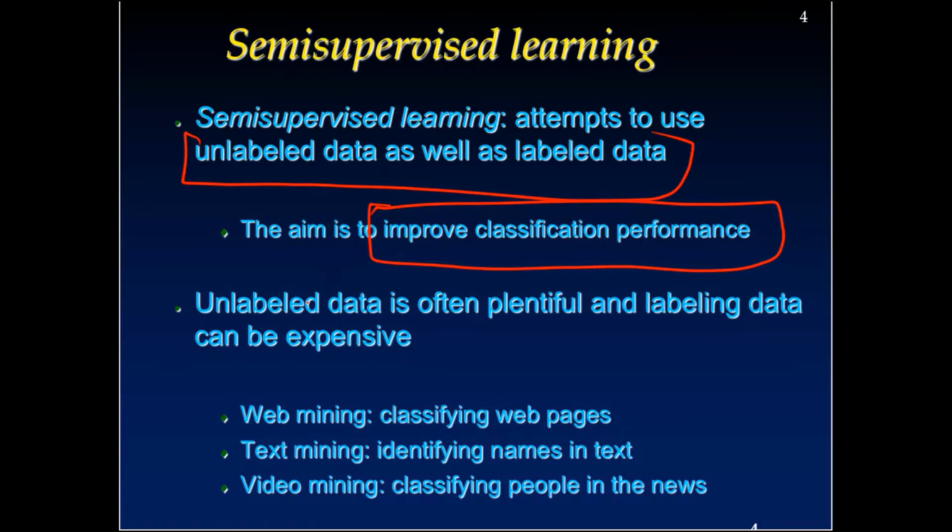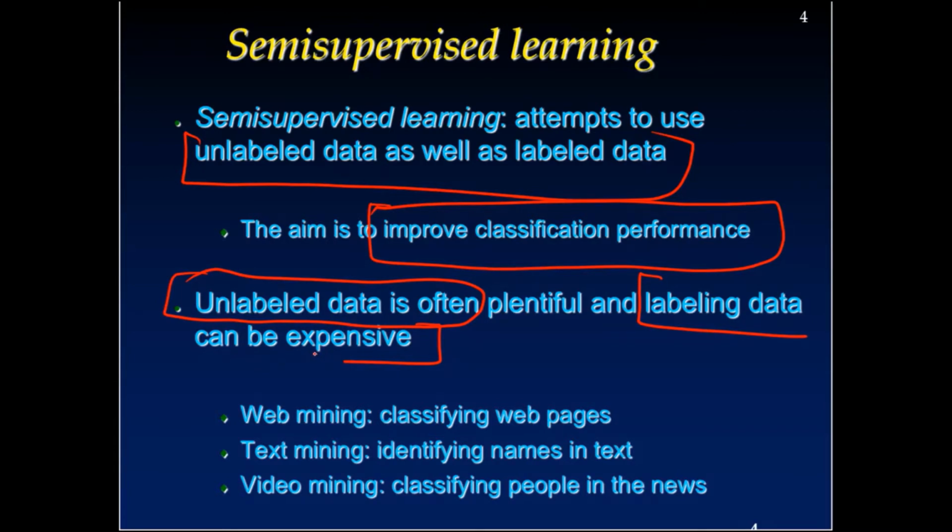So unlabeled data is expected to improve the classification performance when used along with the labeled data. As I've already said, it's difficult to get labeled data for many types of problems, but unlabeled data is very much there everywhere. Because if you go and classify each data point manually, it takes a lot of time.